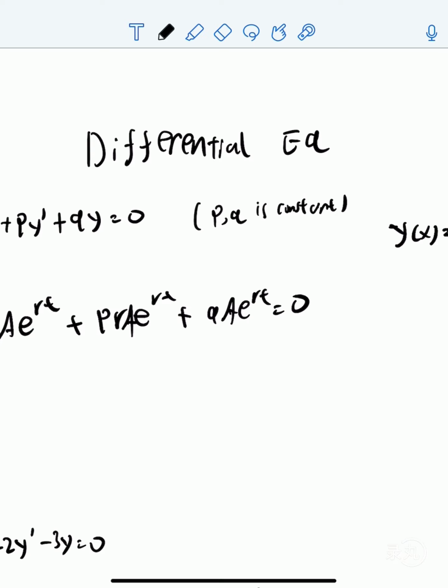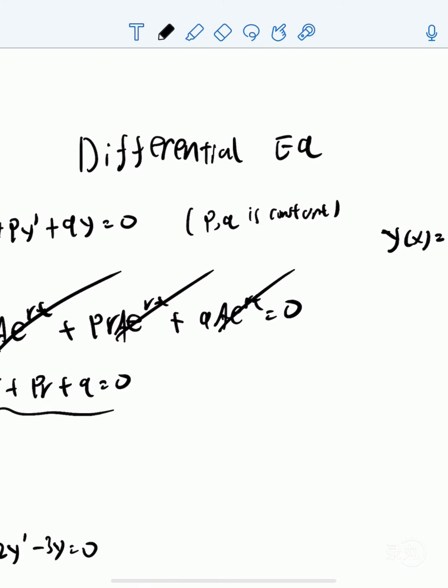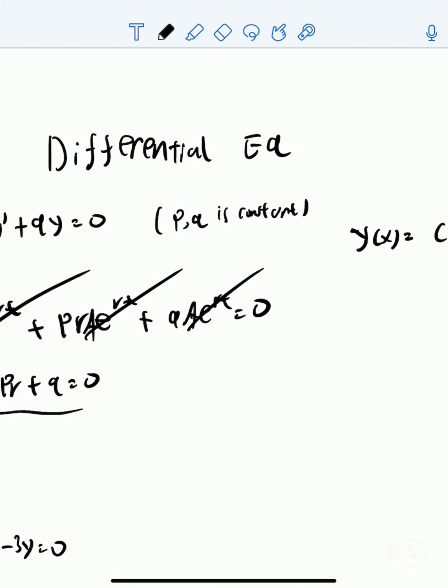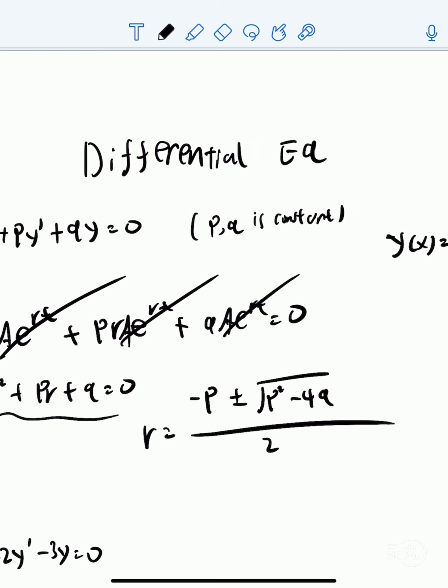When we cancel the common terms, we have r squared plus pr plus q is equal to 0. By solving the quadratic equation, we get r equal to negative p plus or minus the square root of p squared minus 4q, divided by 2. So we have r1 and r2.